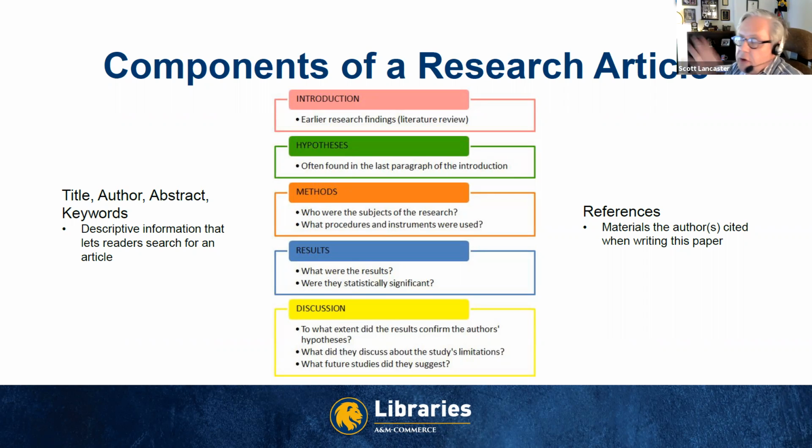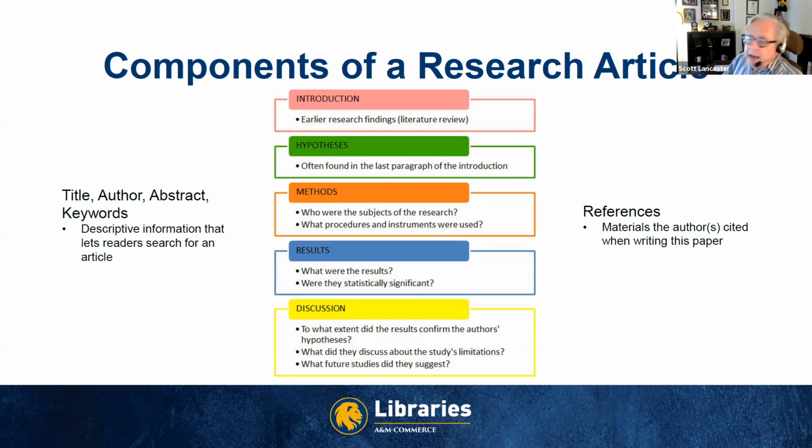So if you look at the end of the introduction section, that's where you'll find the hypothesis. You don't have to read the whole article at this point. Move very quickly through it. Look at the end of the introduction for that hypothesis. And then the next is the methods section. You're going to want to know what type of data is collected. Is it a qualitative study, a quantitative study? What methodology are they using?